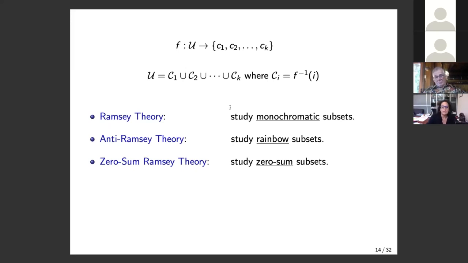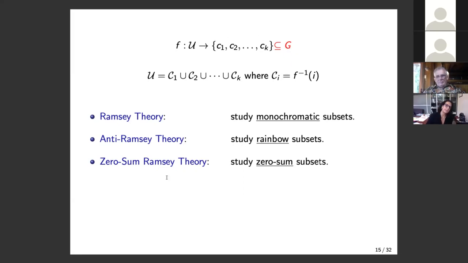But there is another one, which is somehow in between, or which relates to both, called zero-sum Ramsey theory. There, the point is that we need to add some additive structure to the set of colors. In other words, you think of the colors as an additive group, or a subset of an additive group, in order to be able to add the colors and say which subsets are zero-sum in the group.